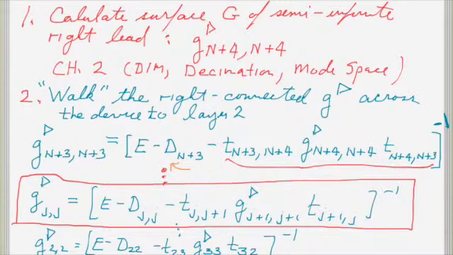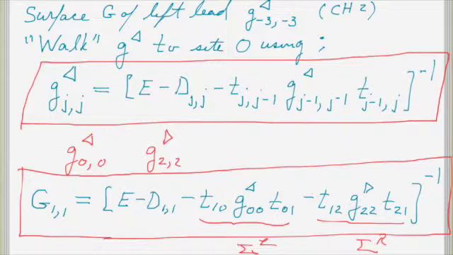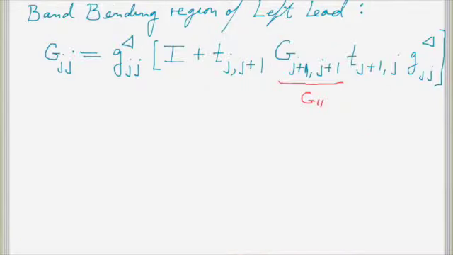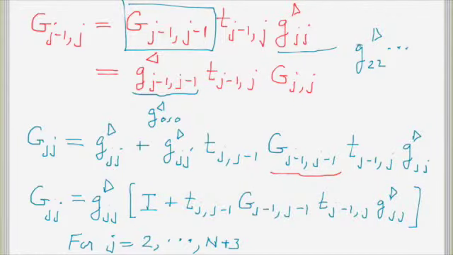I do it for the left connected ones, but I'm only moving them a little way. I don't have so many of them. And then they get reused both for the calculation of G11 and then for this Dyson equation that moves the diagonal block both to the left and to the right.